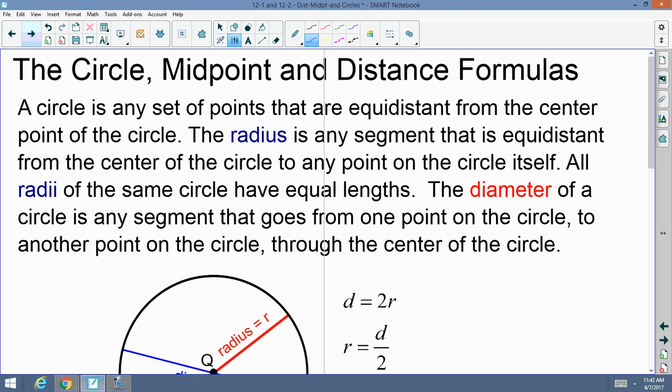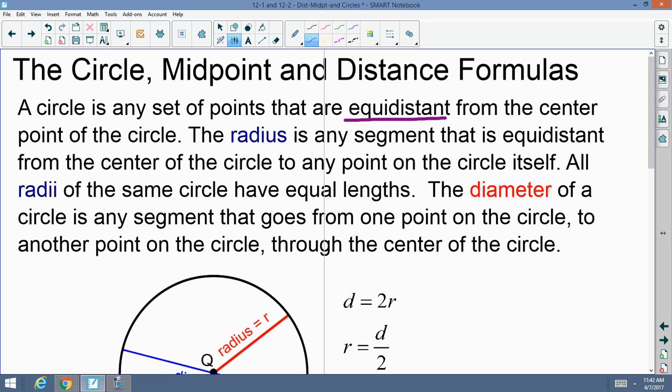The circle, midpoint, and distance formulas, guys. A circle is any set of points that are equidistant from the center point of the circle. Equidistant means it's the same distance. So when you have a figure, which in this case is a circle, that is made up of a set of points that are equidistant from the center, it's called a circle.